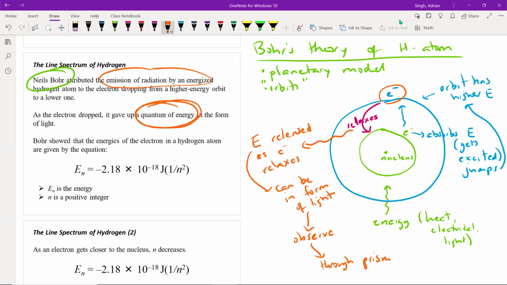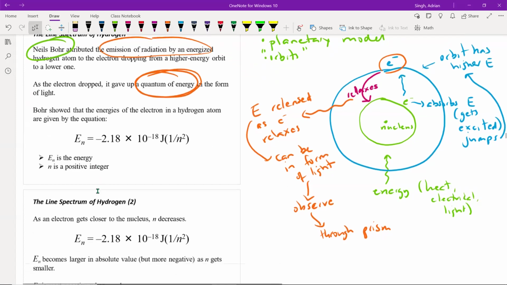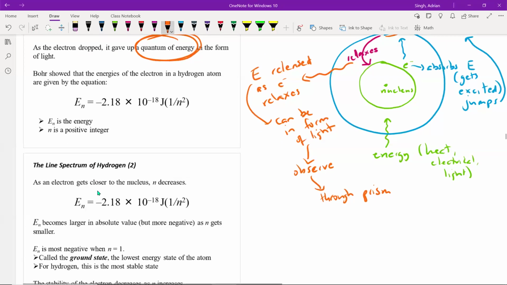And Bohr showed that we can actually calculate the energy of the electrons in this hydrogen atom by a very simple equation. So we have En, the energy of that particular electron, is negative 2.18 times 10 to the negative 18 joules times 1 over n squared.